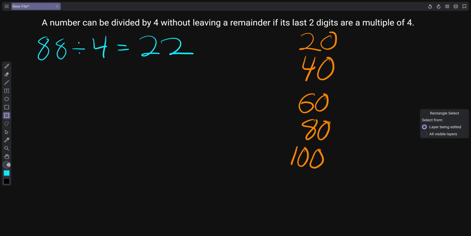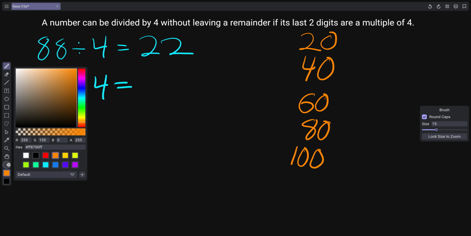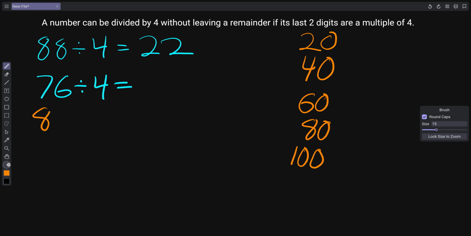Now, let's say we had a number like 76, and we wanted to see if this is evenly divisible by 4. Well, we would take a similar process. 76 is very close to 80, so we could put 80 here.